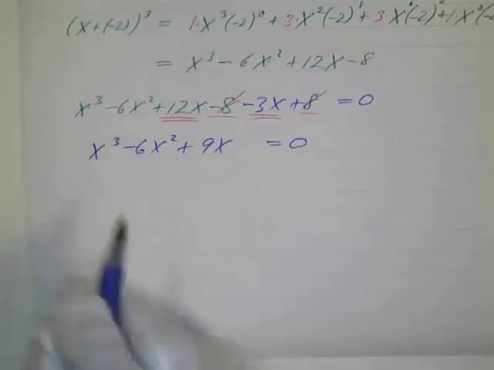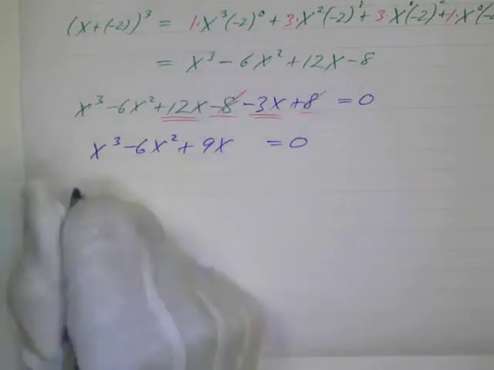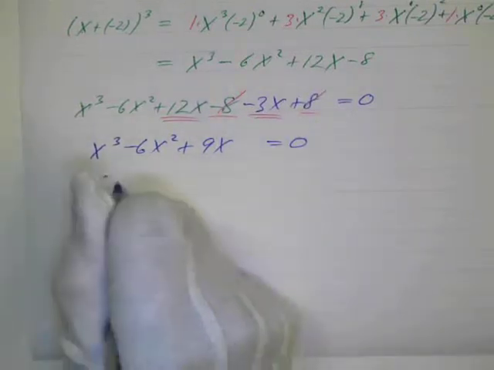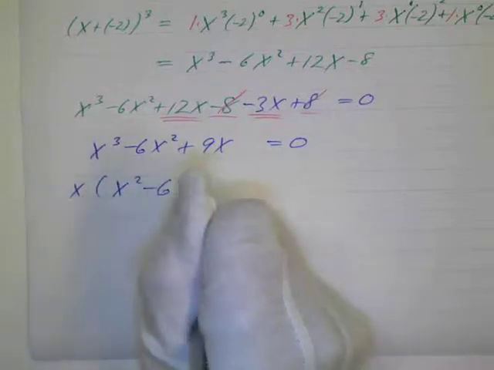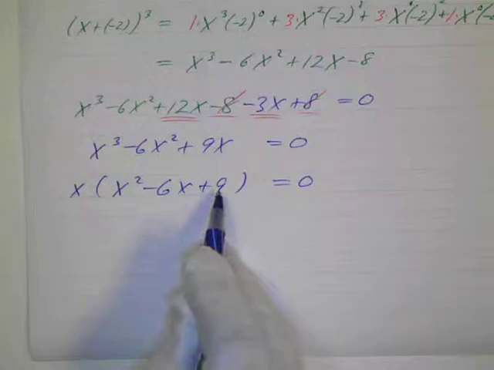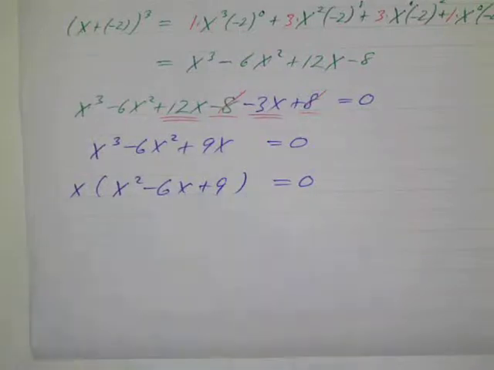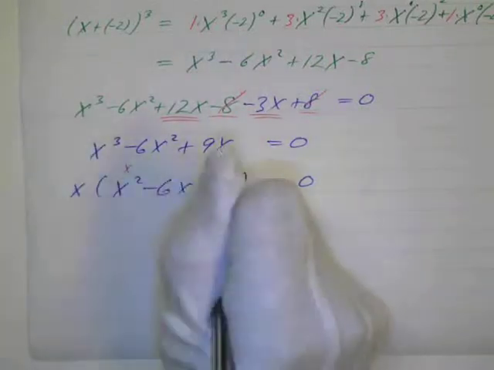Now we don't usually do cubics, but we notice that we always check for a common factor in each term, and the common factor is x, so I can rewrite this as x times x squared minus 6x plus 9, and that equals 0. Now I notice that this is a perfect square, and I've got twice the product in the middle, so I'm going to factor this as a binomial square. This is x, and this is 3.